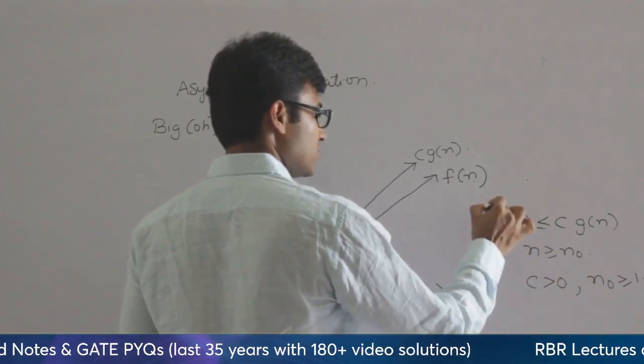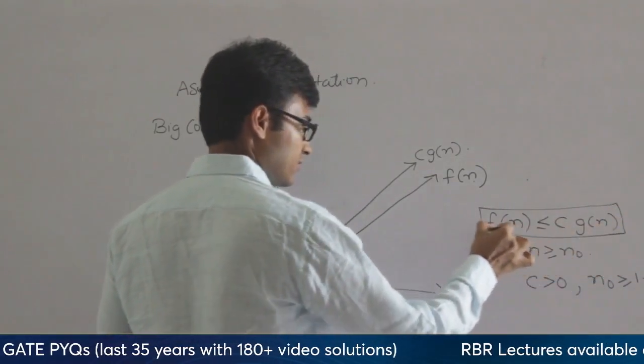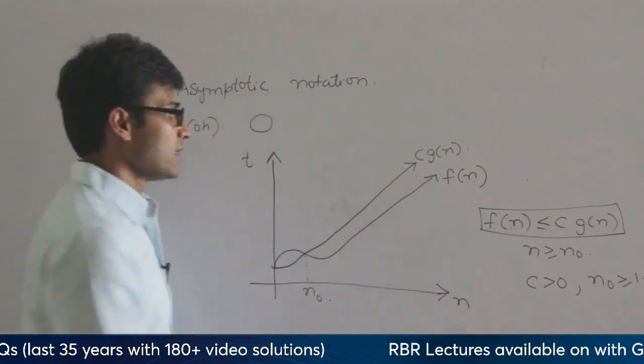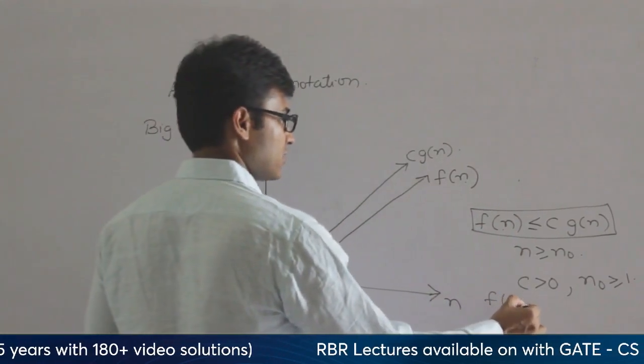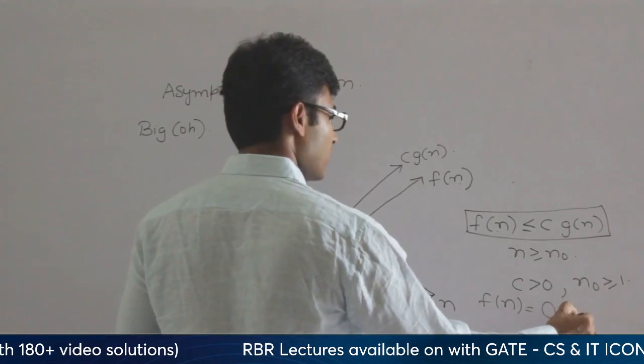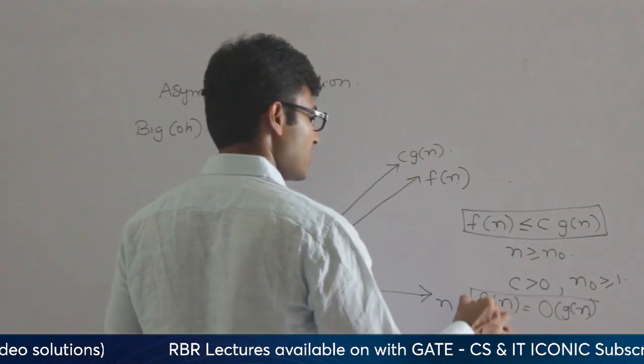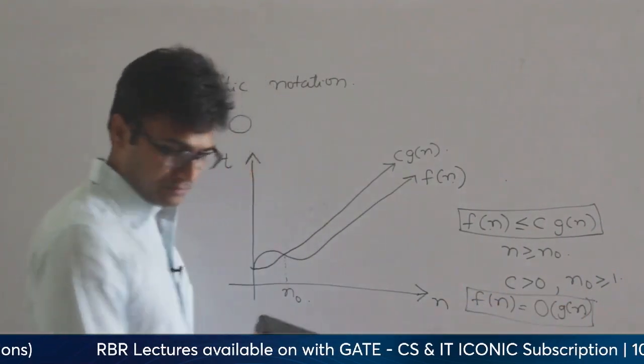If you satisfy this condition, then we can say that f of n is big O of g of n, which is nothing but f of n is smaller than g of n. That is what we could say.